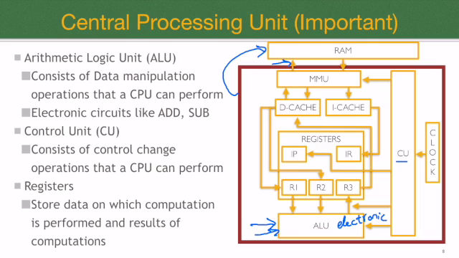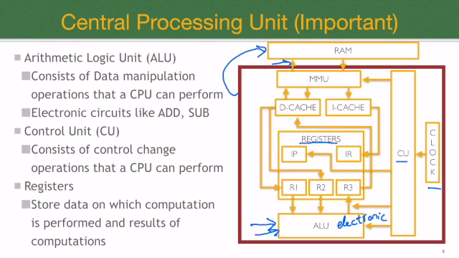The control unit is very closely coupled with the clock. The clock is the ticking element which provides the events for the computer. We'll talk of that in a minute. The third important component of the computer is registers. Different computers have different numbers of registers in the CPU.